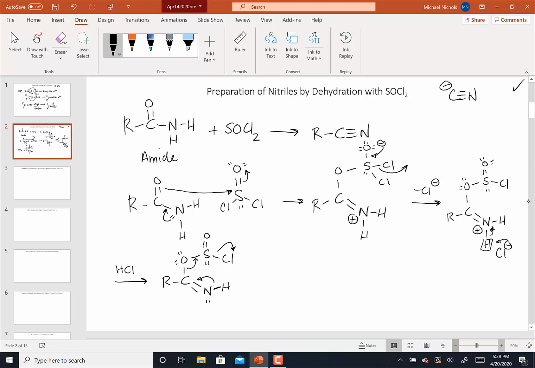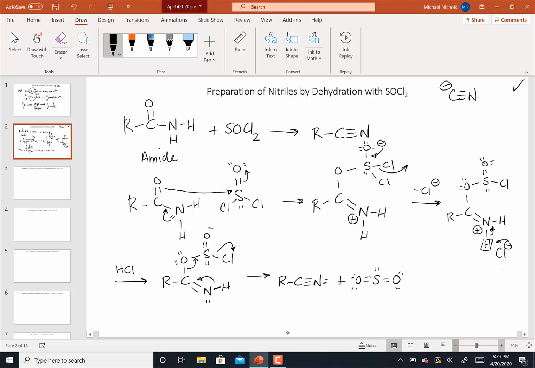So I'm going to end up with the carbon-nitrogen triple bond. I'm going to end up with the oxygen doubly bonded to the sulfur, which is doubly bonded to the other oxygen.